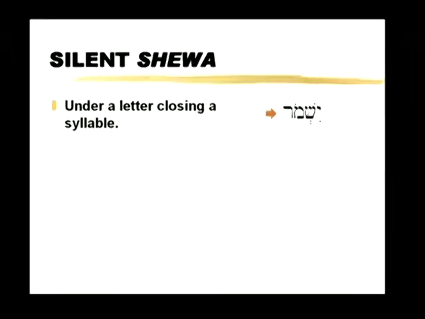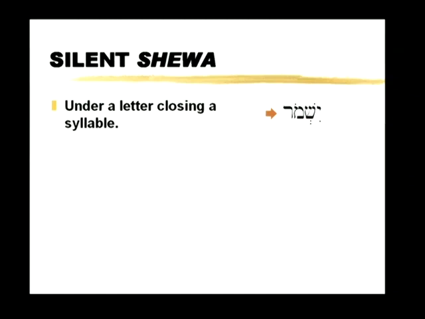Okay, let's go to silent schwa. Let's review this. Remember, a silent schwa is under a letter closing a syllable. Vocal schwa opens a syllable. Silent schwa closes a syllable. In other words, the vocal schwa begins a syllable. The silent schwa ends a syllable.